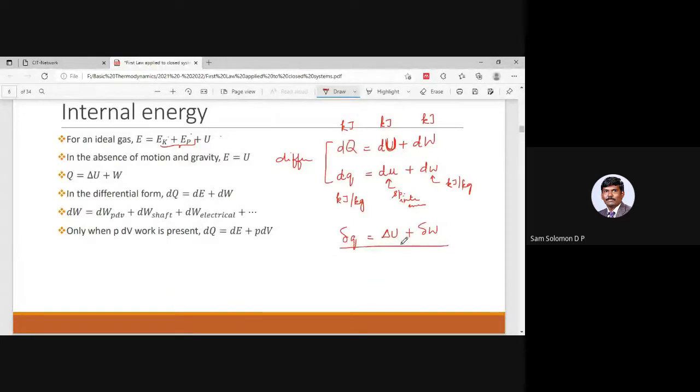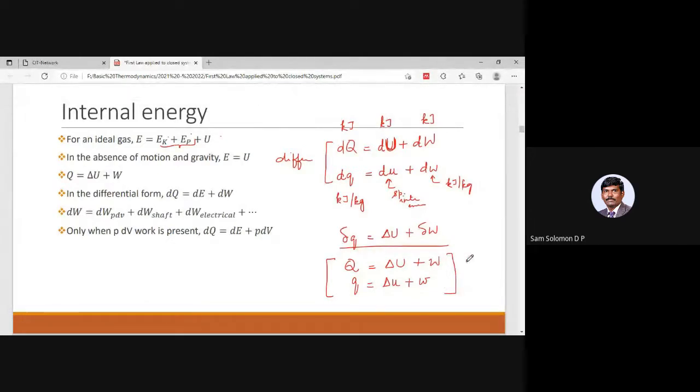And if you write generally, then you write it as Q is equal to delta U plus W, or small q is equal to delta small u plus small w. Though it is not a very big mistake, you should know what it means when someone is writing this in capital letters, and when someone is writing it in small letters.